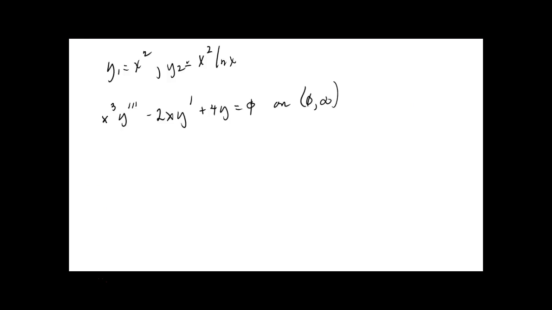By the superposition principle, which we just did in Theorem 4.1.2 last time, since these two are solutions to that differential equation, then the linear combination of them is also a solution. So y is equal to some arbitrary constant C1 times x squared, plus some other arbitrary constant C2 times x squared log x, is also a solution on this interval.